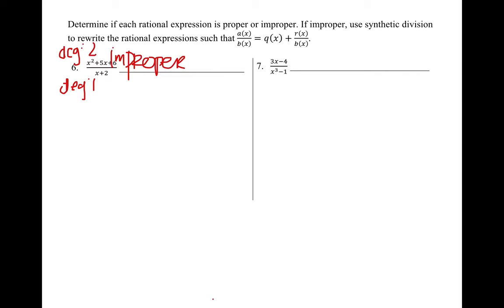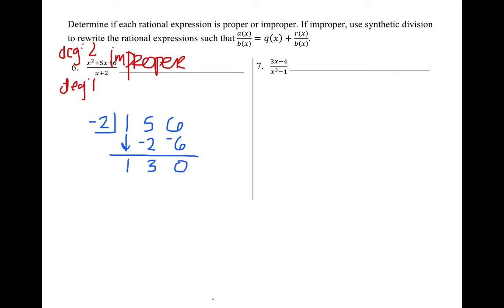I haven't changed the sign, so it's positive 2, make it a negative 2. Write down my coefficients. Bring down the 1. Negative 2 times 1 is negative 2. 5 minus 2 is 3. Negative 2 times 3 is negative 6. 6 plus negative 6 is 0.